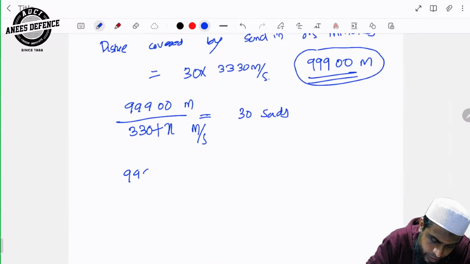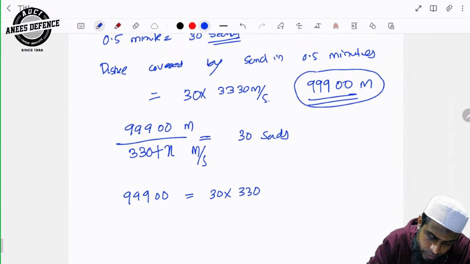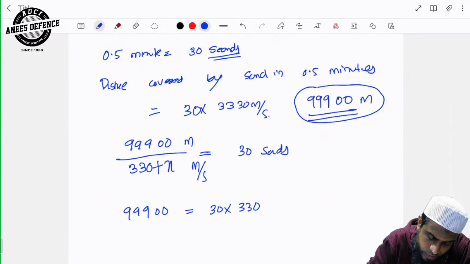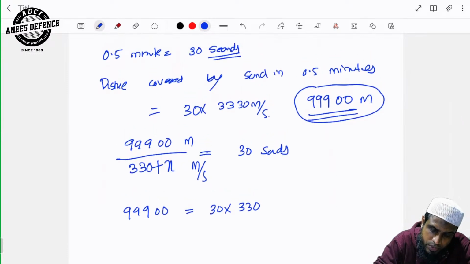So 99900 equals 30 into... okay, this much distance.